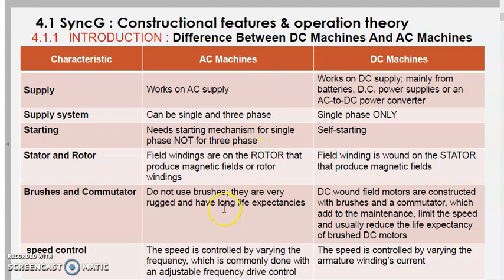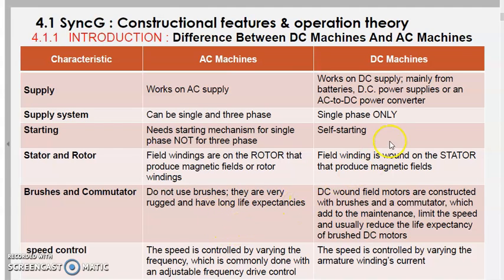We don't need any brushes for the AC machine, but we have so-called slip rings, which connect the DC source directly to the rotor.